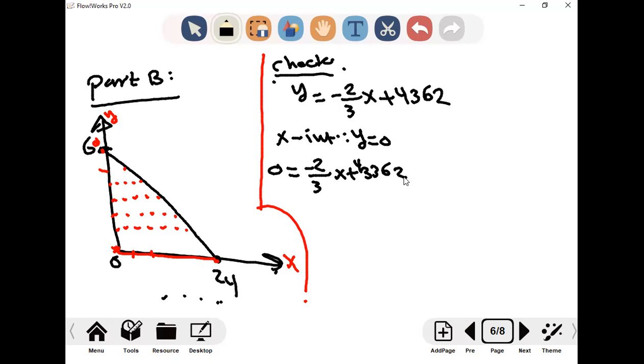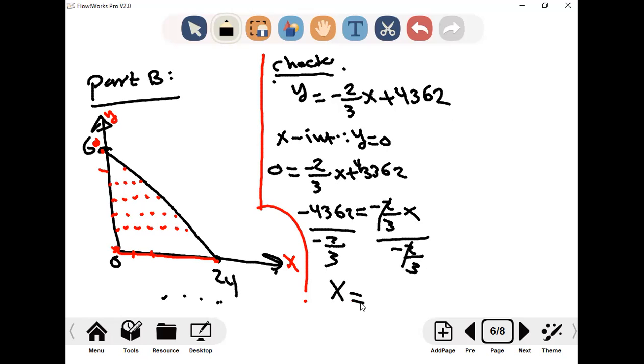Move this here: negative 4 3 6 2 equals negative 2 over 3x. Divide by negative 2 over 3 on both sides. Do your calculation. x will be positive 6543. This is the value of the x-intercept.